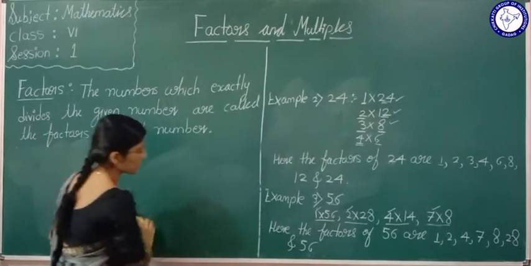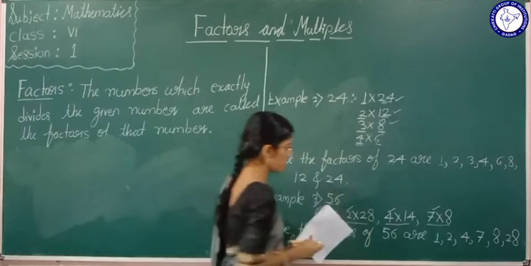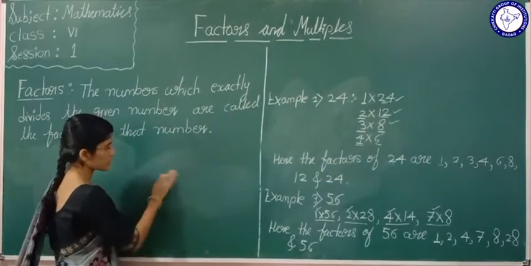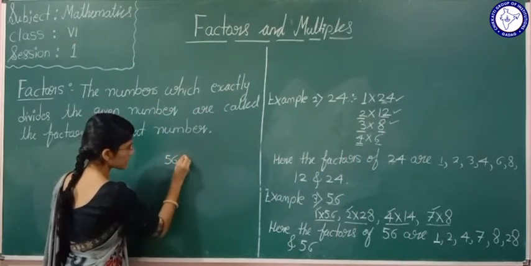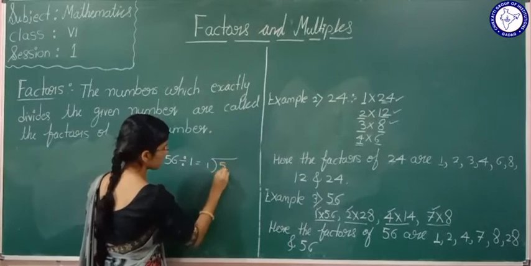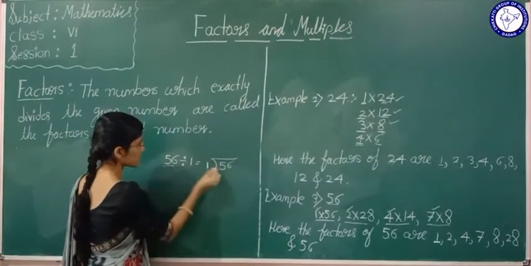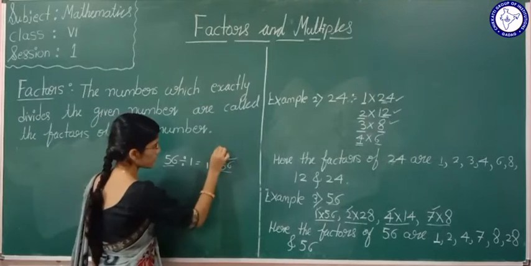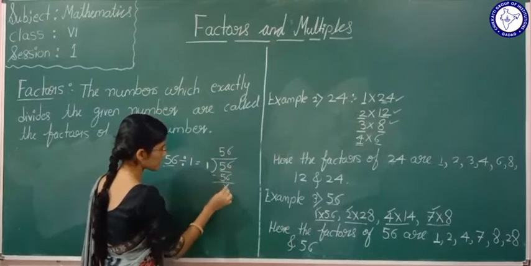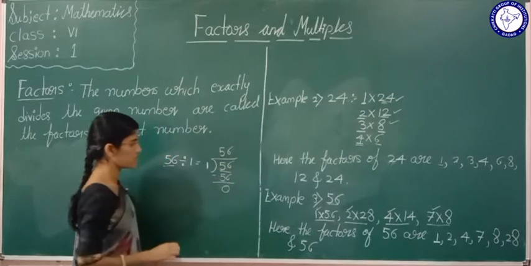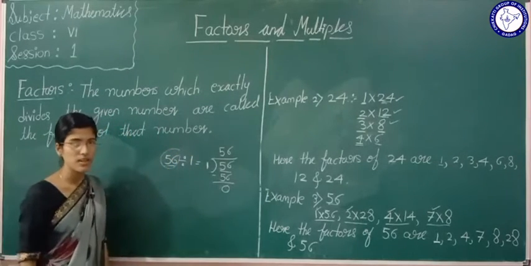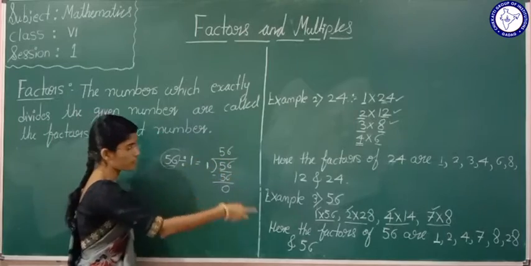Now we will check this. Here 1 is a divisor, 56 is a dividend. 1 56 is 56. 56 minus 56 is 0. You are getting a remainder 0. Means this 1 is dividing 56 completely. Therefore, 1 is a factor of 56.